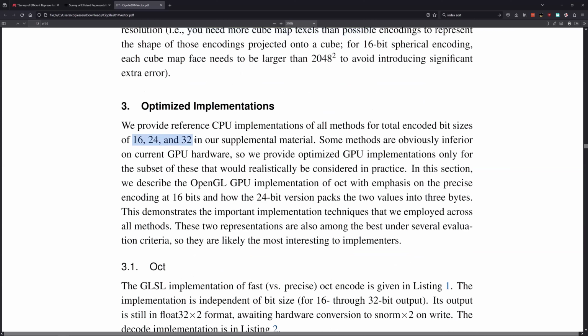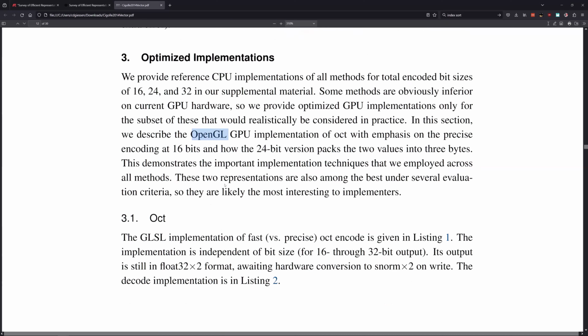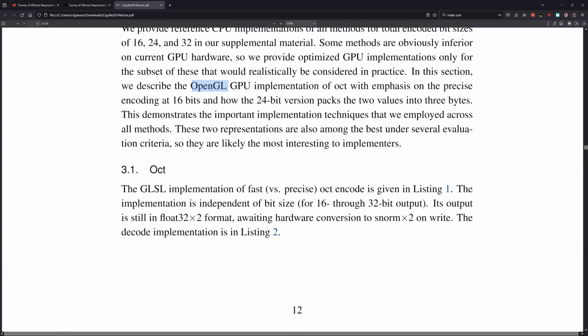So you got some reference implementations, for CPU and OpenGL, so GLSL, which should still be usable in other contexts that aren't only OpenGL, but hey, it's fine.